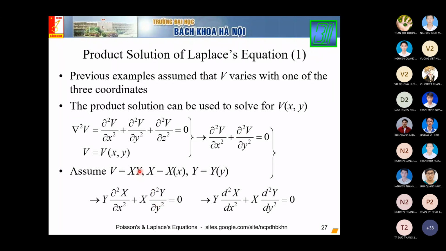Because Y depends only on y, it is a constant with respect to x, so if we take the partial derivative of V with respect to X, Y here will be a constant.